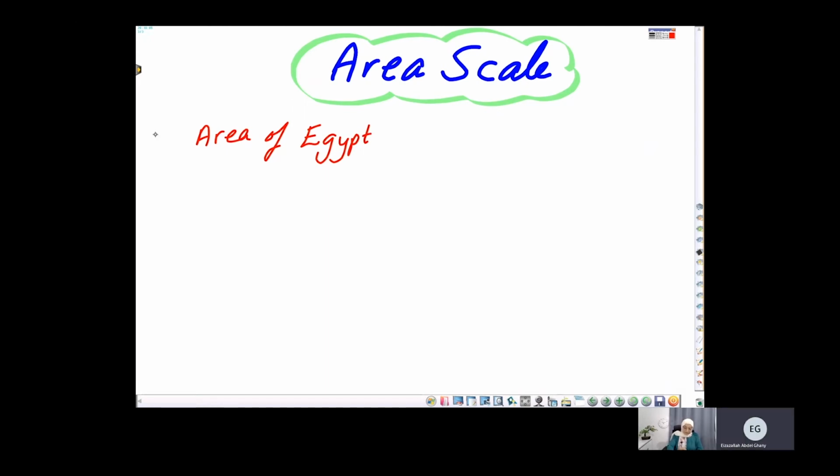We have to write here the real area or actual area of Egypt. It is 1.01 million square kilometers.